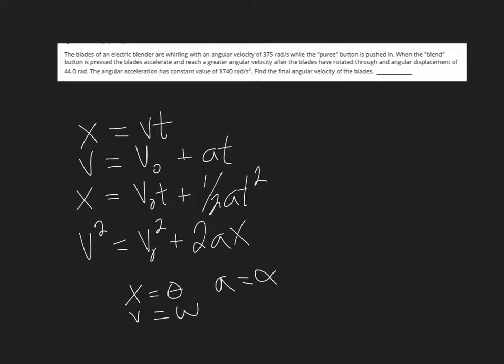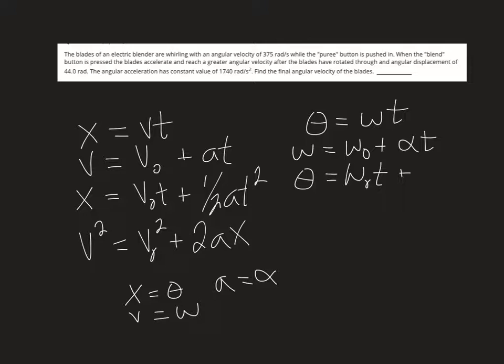We can just rewrite the equations for kinematics of rotation as theta equals omega times t. We have omega equals omega initial plus alpha times t. We have theta equals omega initial times t plus 1/2 alpha times t squared. And then we have omega squared equals omega initial squared plus 2 alpha theta.